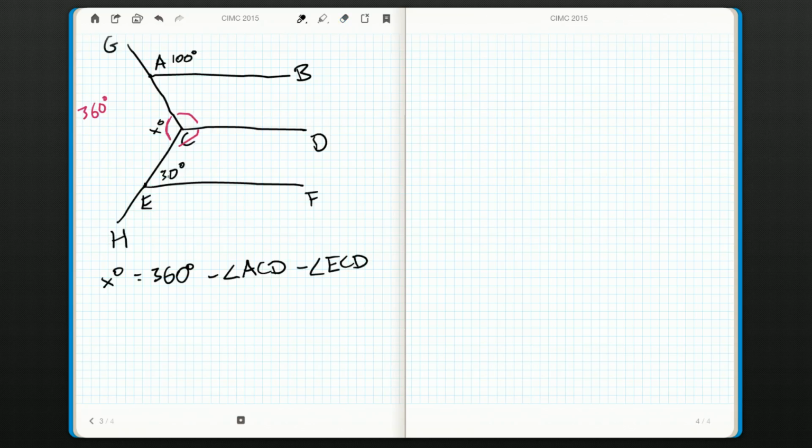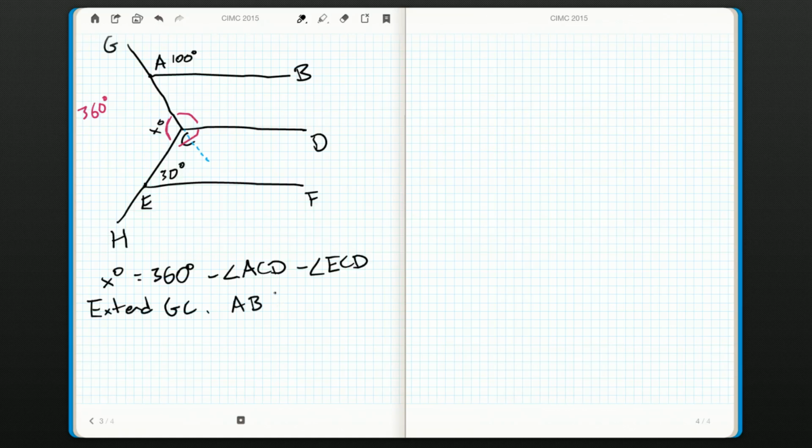And I have a 30 down here. He's also a little too far away. But then I remember that these lines are parallel. So the next thing I'm going to do is extend GC just a little bit.